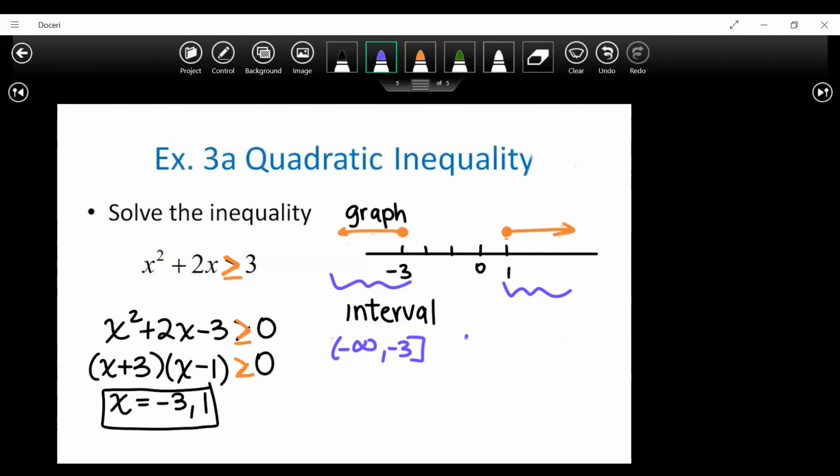Bracket this time. Not connected. Exactly that. Is this easy or hard? Easy. Okay, that's all I wanted you guys to see today.